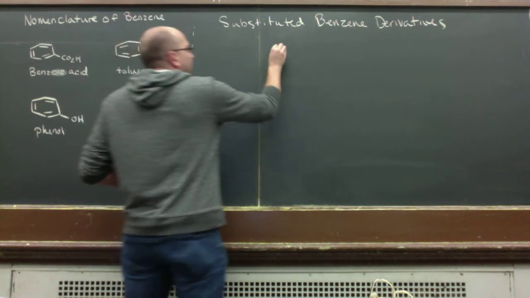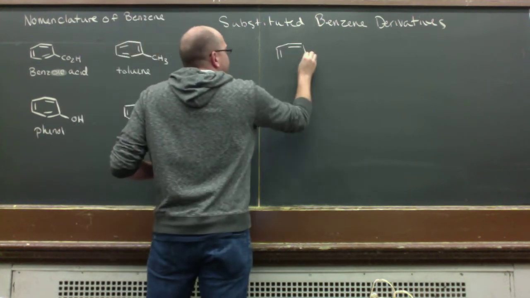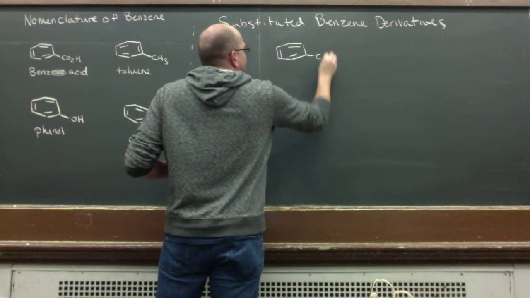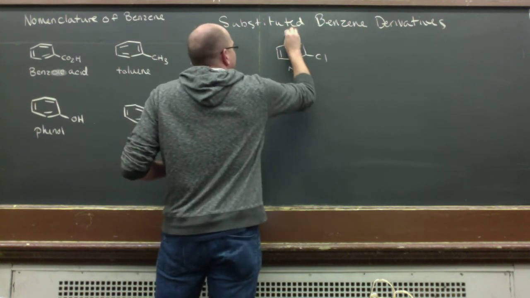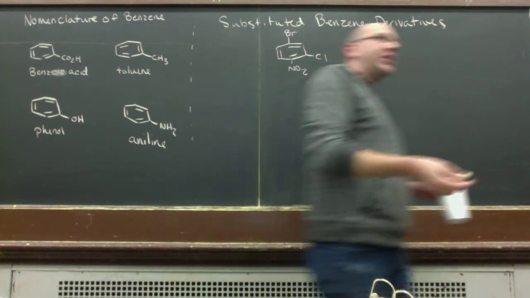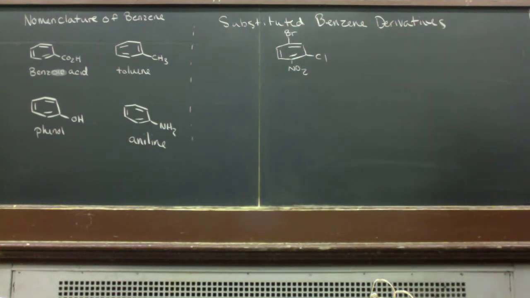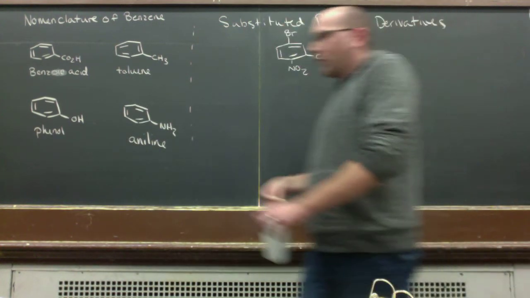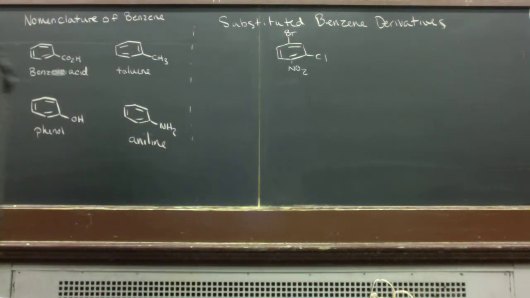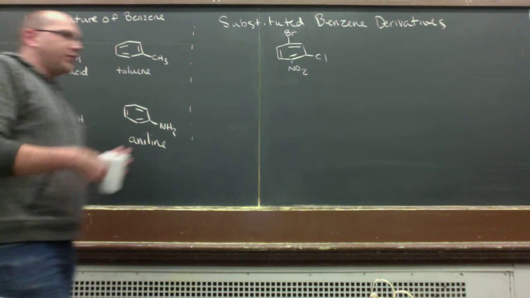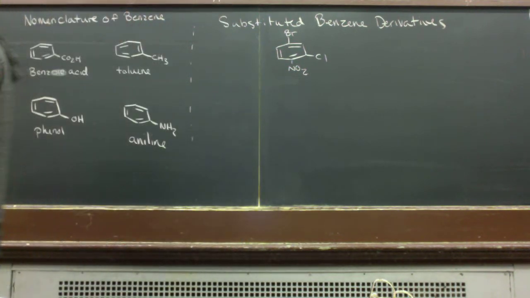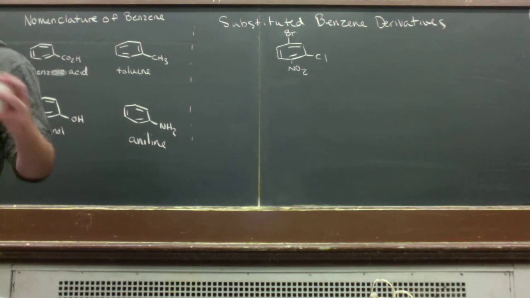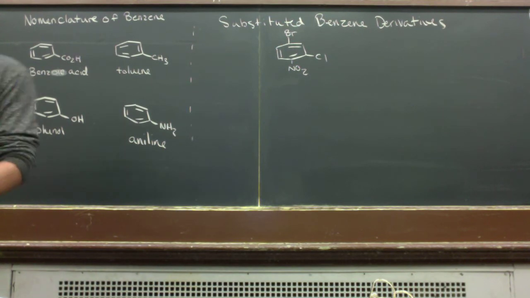Let's say, for example, you've got three groups on a benzene ring. You want to have some name that goes along with this, right? Generally what happens is you number it, and you number it based upon whatever's going to have the lowest overall numbering scheme.